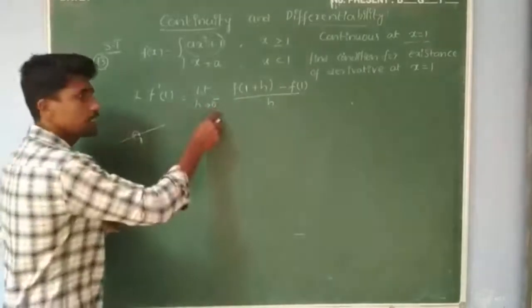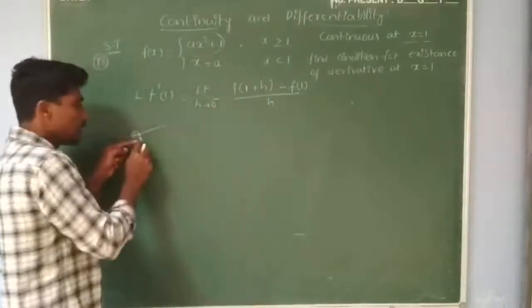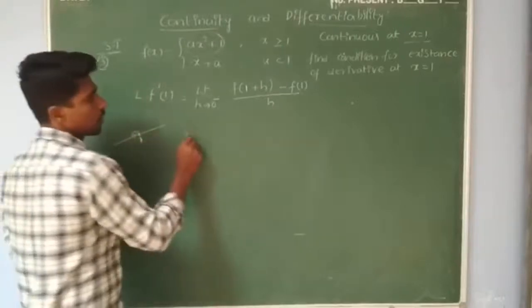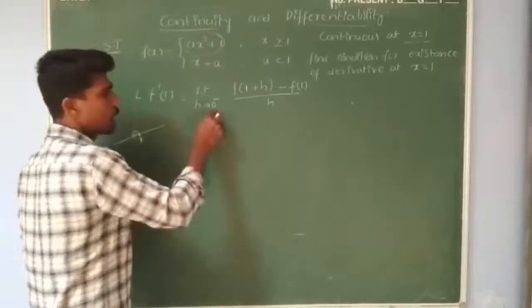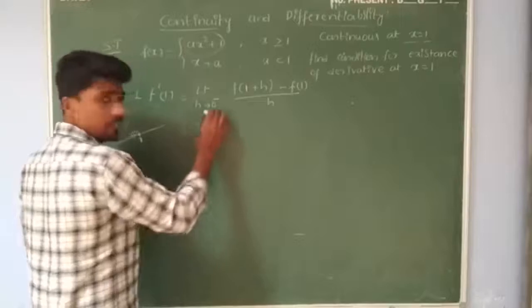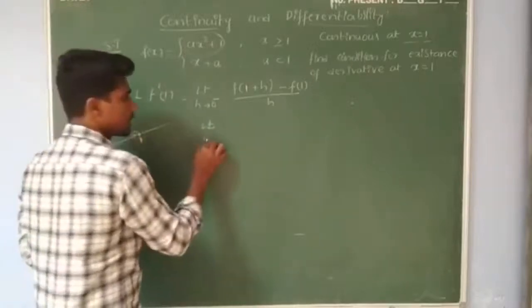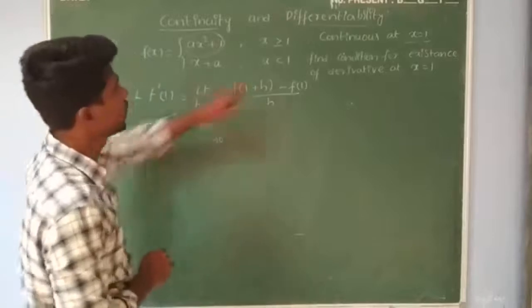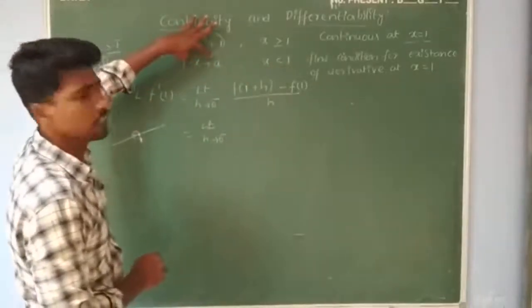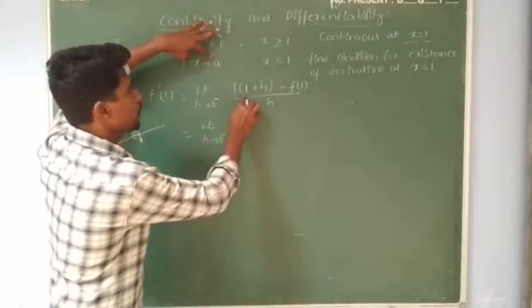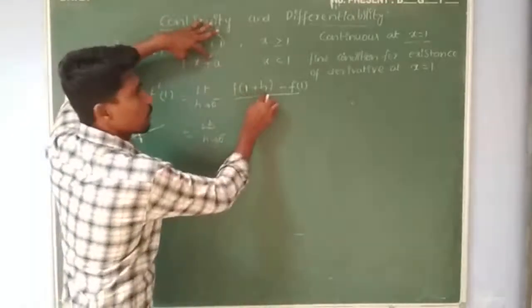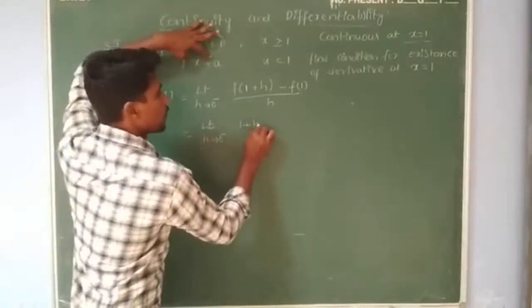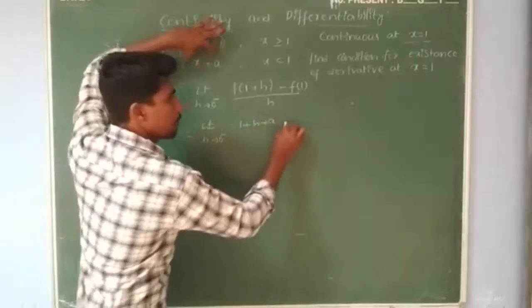Now h tends to 0 minus represents left neighborhood of 1. So now the function for left neighborhood of 1 is given as x plus a. So I have to substitute in place of x, 1 plus h. Then we get 1 plus h plus a minus f of 1.